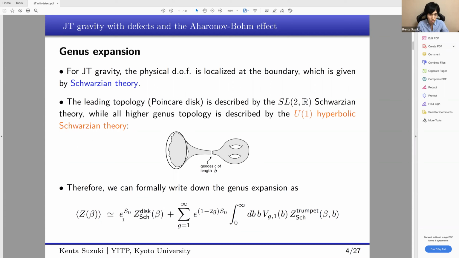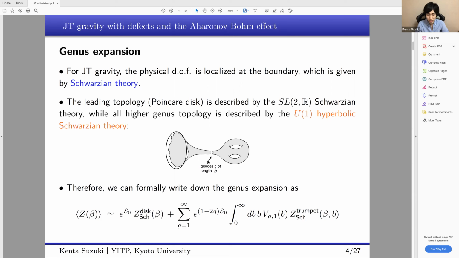So the leading topology comes from disk geometry, and we denote the partition function of the corresponding Schwarzian theory by this Z disk Schwarzian. And then for the whole higher genus contribution, we split off this non-physical moduli volume contribution. And this volume contribution is denoted by this V, and the physical degree of freedom solely comes from this trumpet Schwarzian theory, whose partition function is denoted by this Z trumpet Schwarzian.